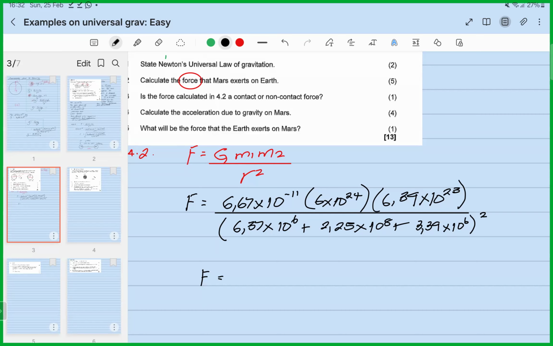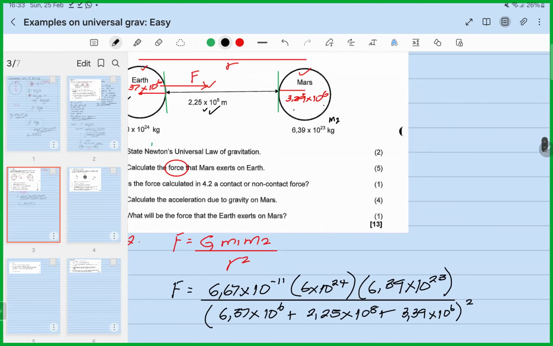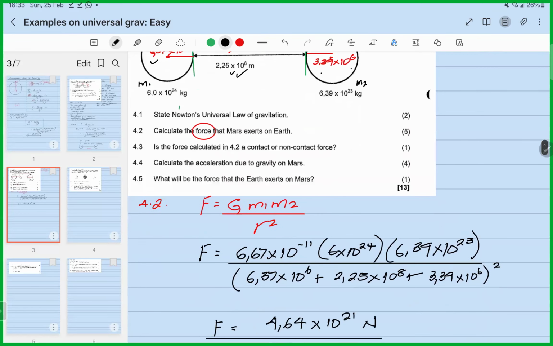4.64 times 10 to the 21. Thank you, sir. 4.64 times 10 to the 21 newtons. And because it just said force, you have to say that that force on Earth is directed towards Mars.